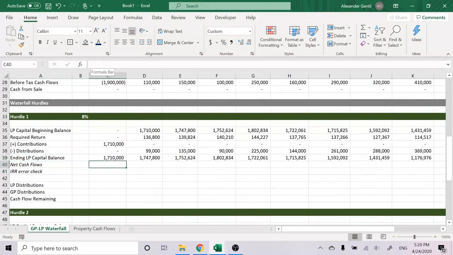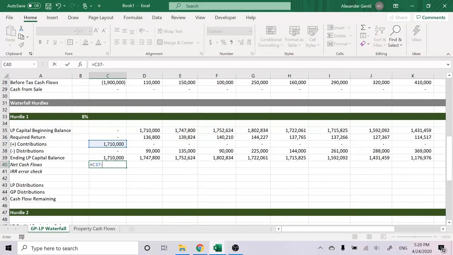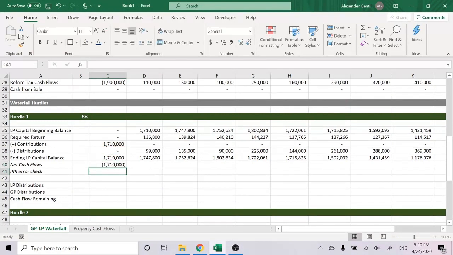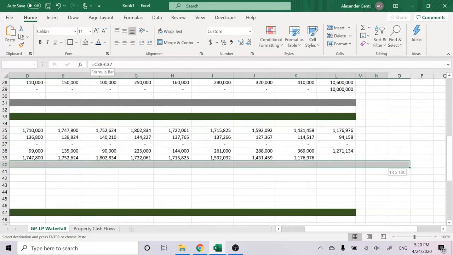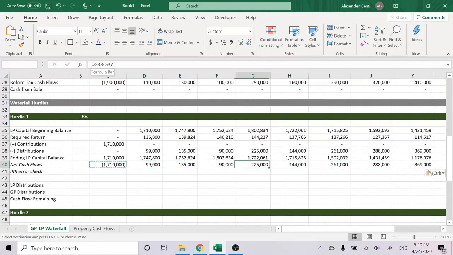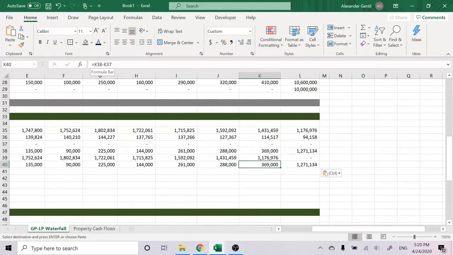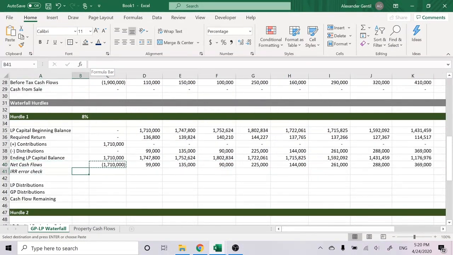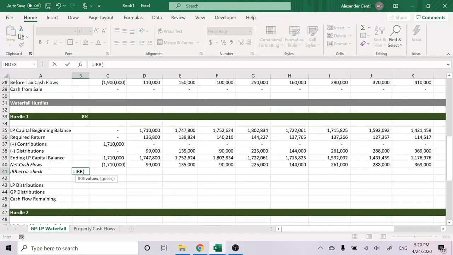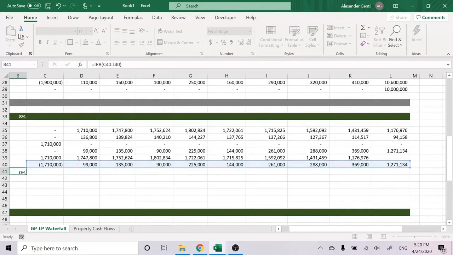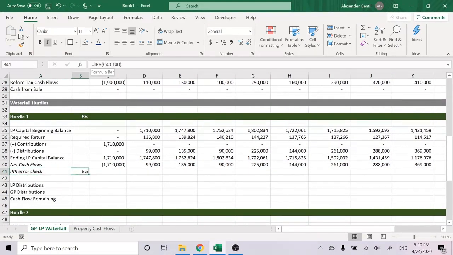So now we need to do our actual cash flows and check, so we take our contributions and we take our distributions and we minus our contributions. Okay, so that's a negative. Okay. Alright. So now I'm just going to IRR this. You could use an XIRR if you were using actual dates. So, we're giving it an 8%.